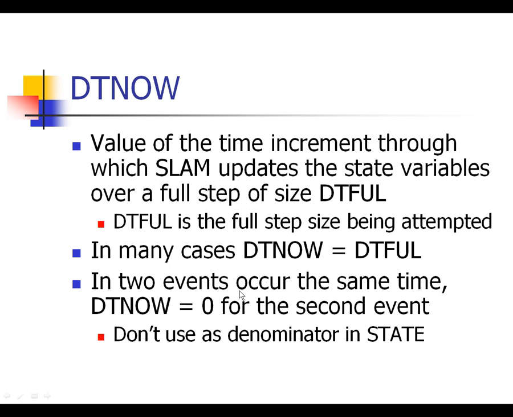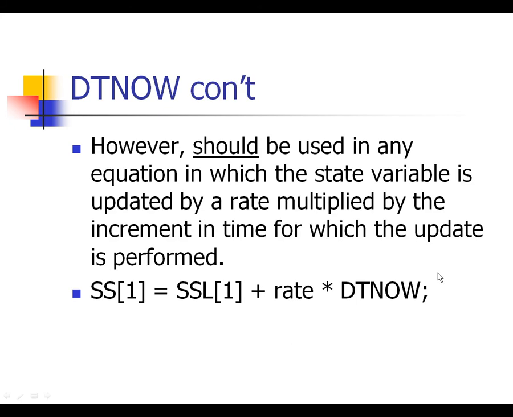However, if two events occur at the same time, then the second event processing involves DTNOW equal to 0, since we don't want to advance time, but we have two events that may occur at the same time. Say some state event where there's instantaneous change in the value of the state variable. So if this is the case, we don't want to use DTNOW as a denominator in function state, because we'll get a division by 0.